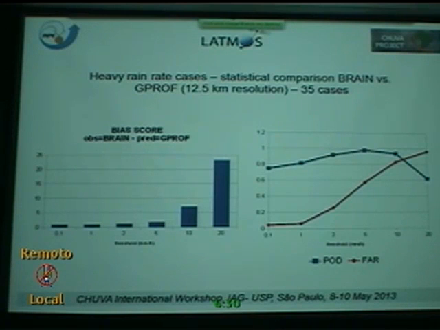So this is what I have to present right now. We need to go further in the research and see what happened with the BRAIN version, to come up with more results in the future.